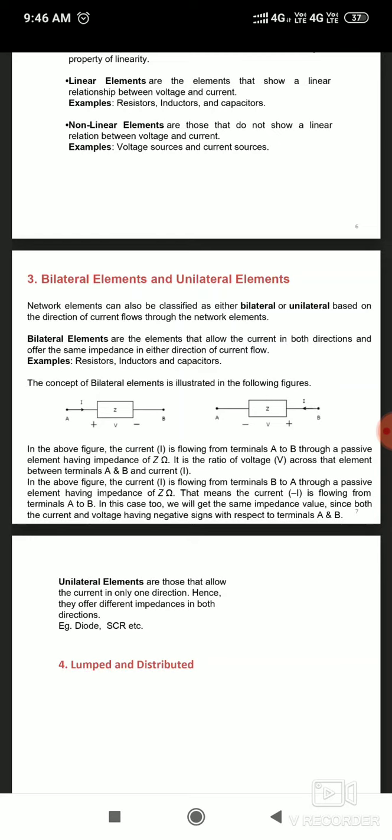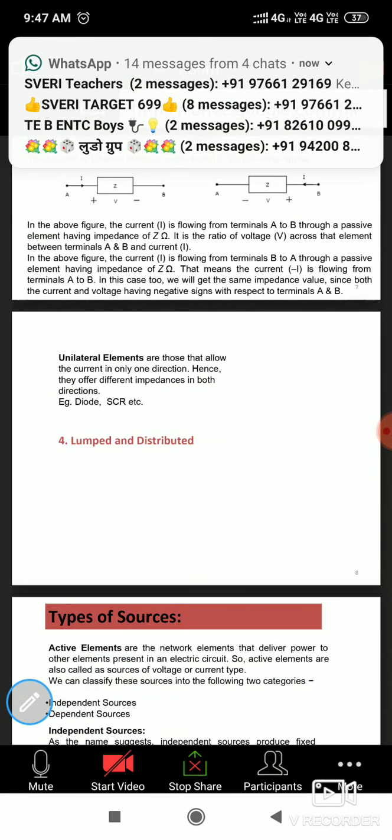When anode is more positive with respect to cathode, in that case only diode becomes forward bias and it allows the current to flow. But when anode is negative than cathode, diode becomes reverse biased. In that case, it will not allow the current to flow, it acts as an open circuit. So such type of elements are called as what? Unilateral elements. Okay, SCR is one more power electronic device.